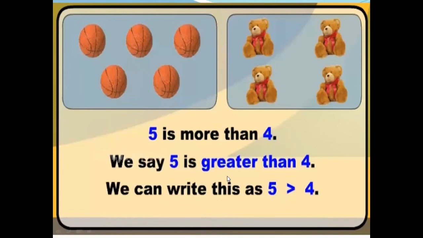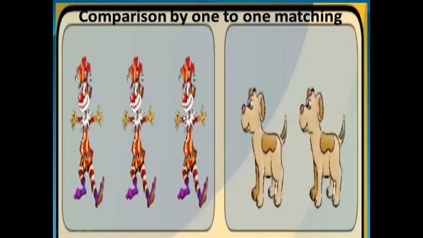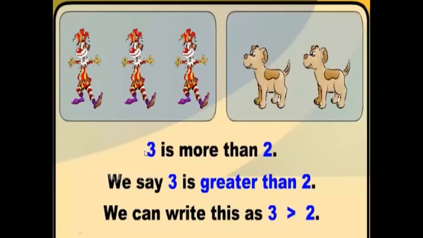Let's share the other example. Here, how many jokers can you see? 1, 2, 3. And how many dogs? Yes, 2 dogs. In the first group you can see 3 jokers, and in the other group you see 2 dogs. So how do we read it and how do we write it? 3 is more than 2.